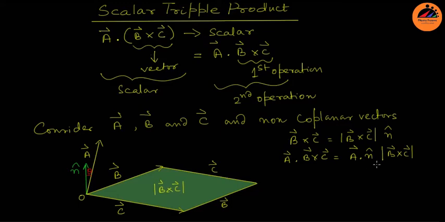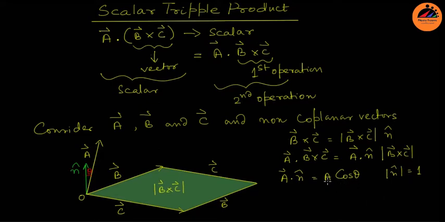And what is A dot n? If you go to my dot product video, A dot n cap is basically A times the magnitude of n times cosine of the angle between them. The magnitude of n cap is 1, right? Because it's a unit vector.